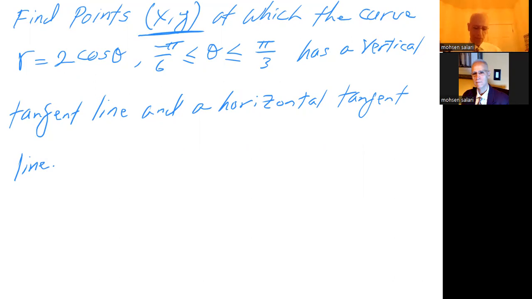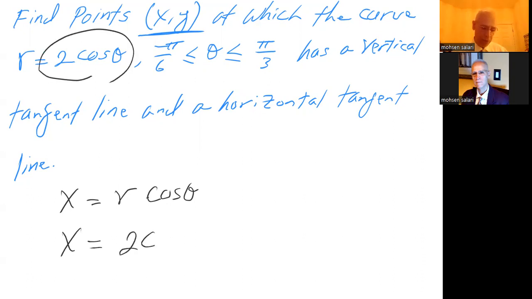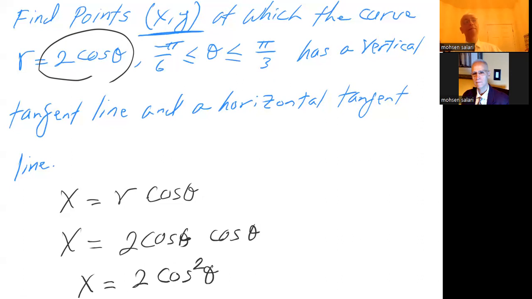So let's start with x equals r cosine of theta. So x equals r, which is given to us as 2 cosine of theta, times another cosine of theta. And so x equals 2 cosine squared of theta.